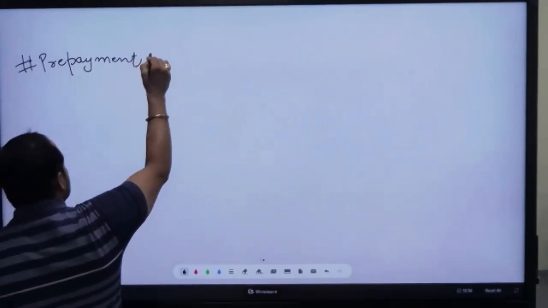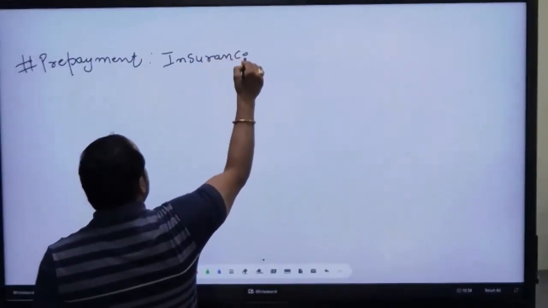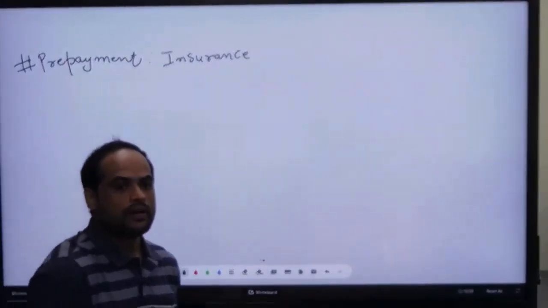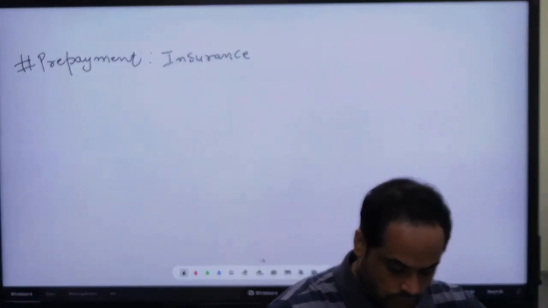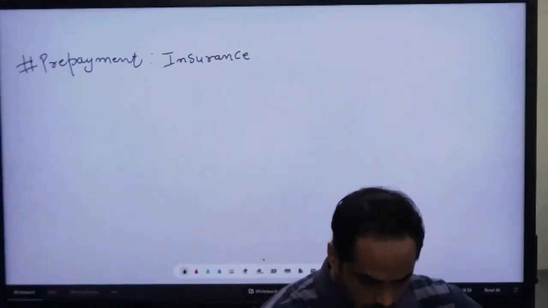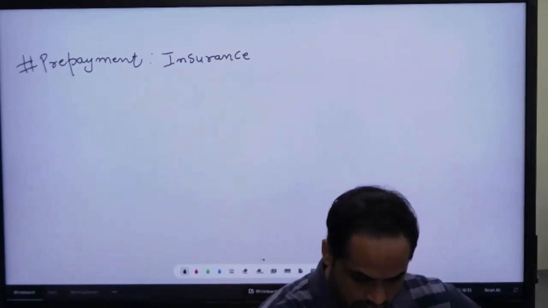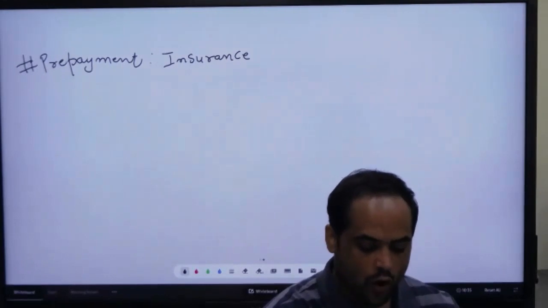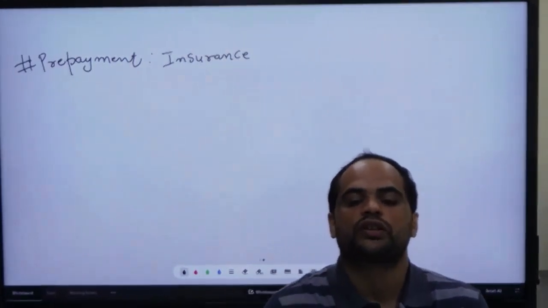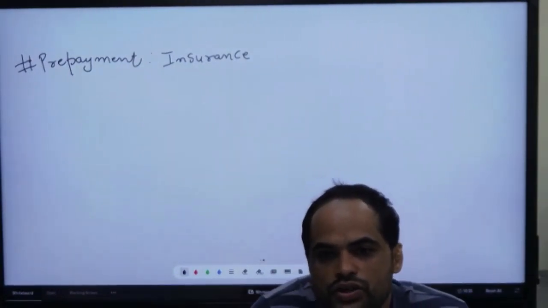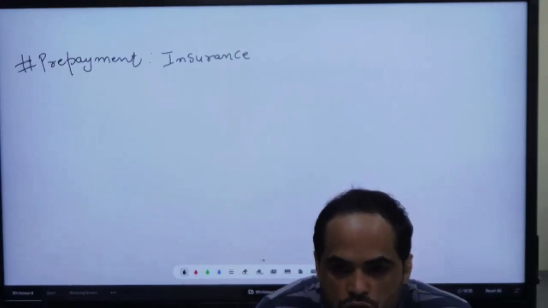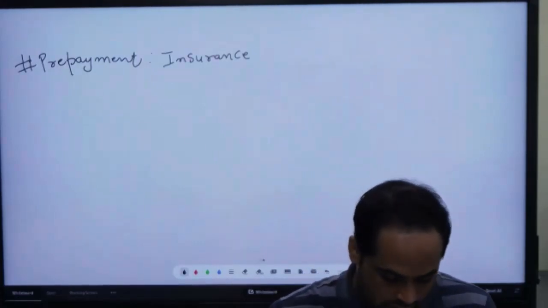For prepayment insurance, we have information which is 2nd of January 2016, the insurance amount which has been paid for 31st December 2016 was 1,000.